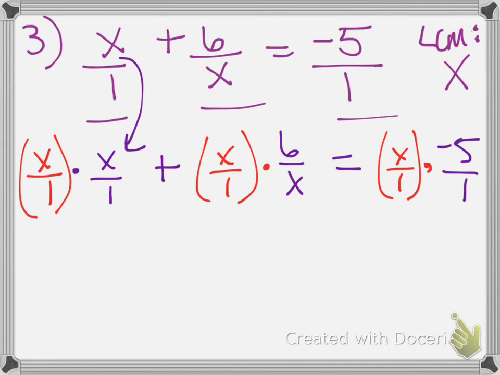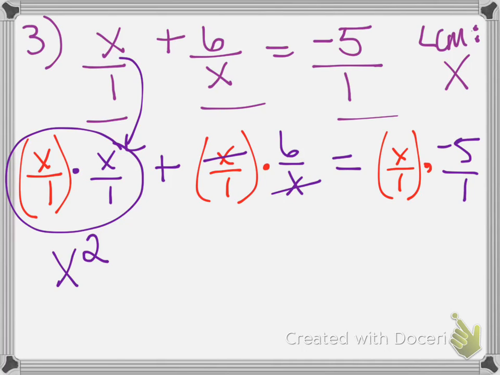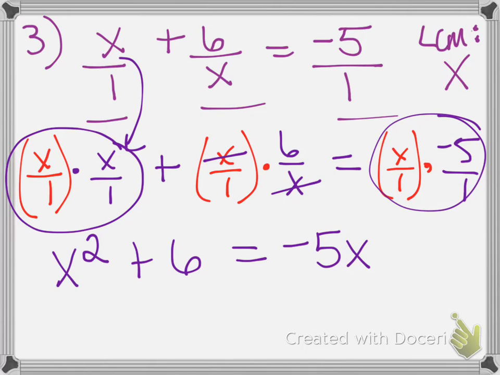So now I'm going to multiply these together. I'm going to get an x squared. Here the x's can eliminate, so I'm just left with a 6. And then over here, there's nothing that I can diagonally reduce, so I'm just left with a negative 5x. Now, because I have a quadratic, a linear, and a constant, I'm going to need to set this equal to 0 and factor to solve.